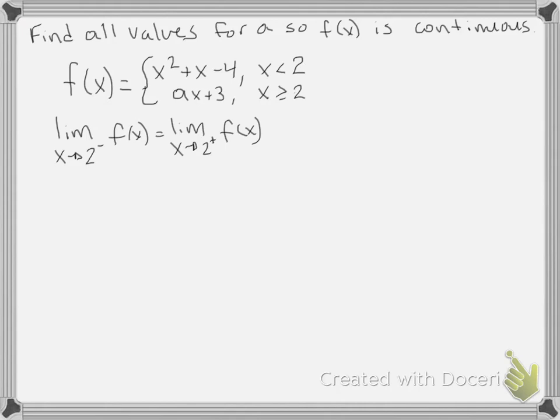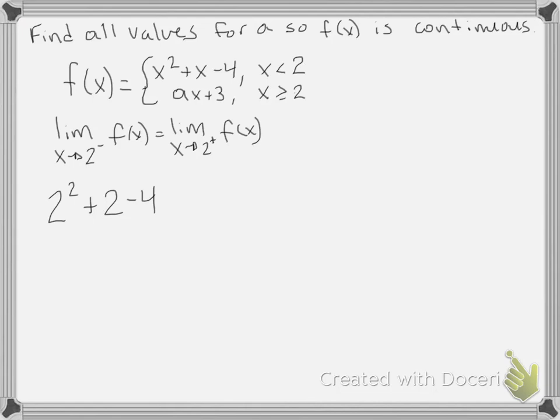I can plug into this function x squared plus x minus 4, and that will tell me, hopefully, what the limit is. And so we're simply going to take 2 and plug it into that function. So we're going to have 2 squared plus 2 minus 4.